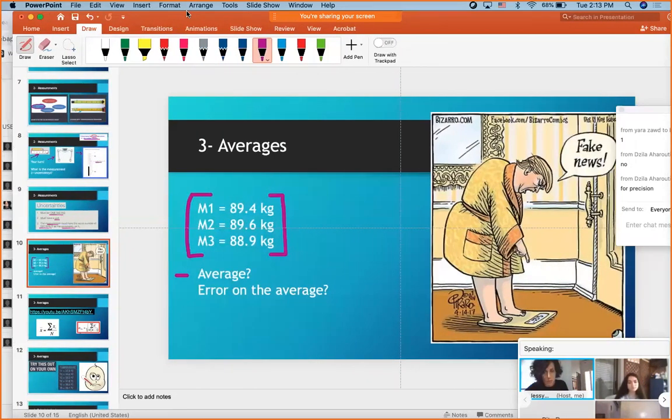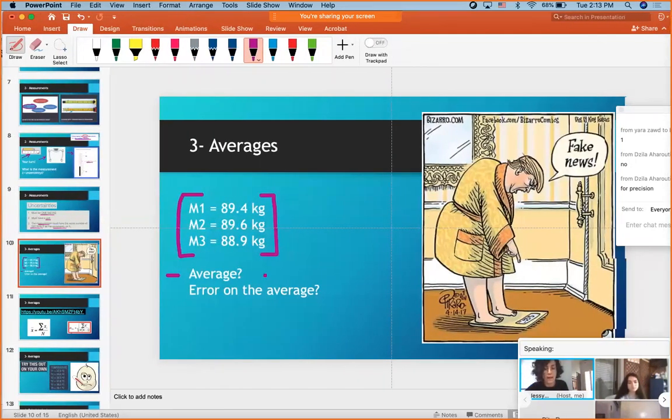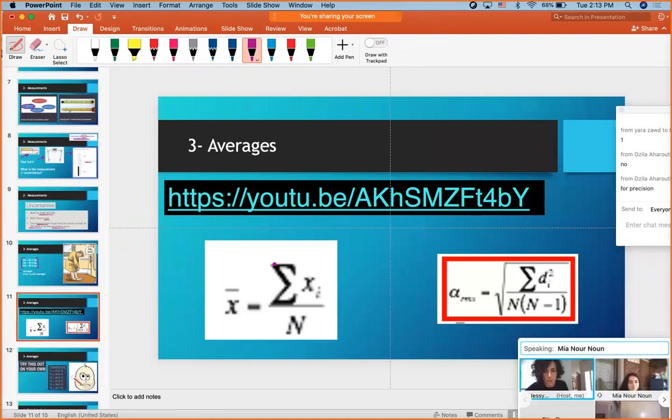So Mia was doing the thing. How do you find the average, Mia? We add them and we divide by 3. Okay, so we follow this equation. Sigma xi means add all the measurements, divided by n means divide by the number of measurements. We can call it x bar or m bar. Bar means average. Okay, so we know how to do the average.